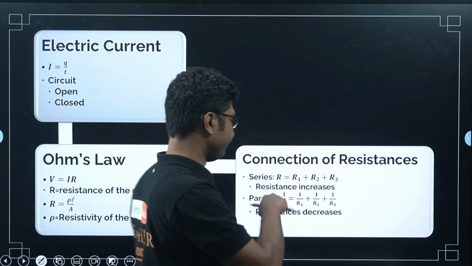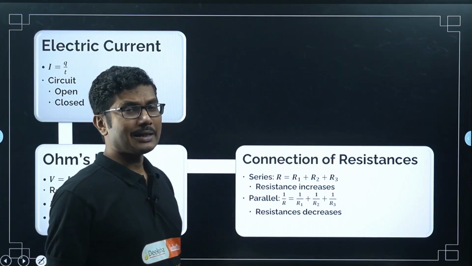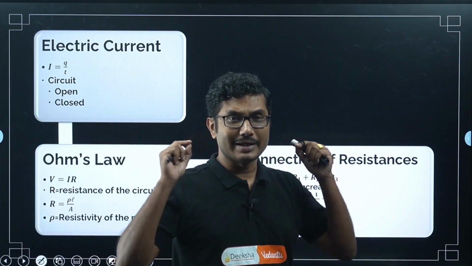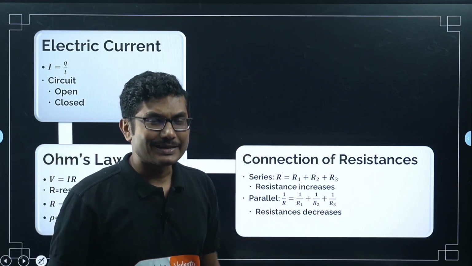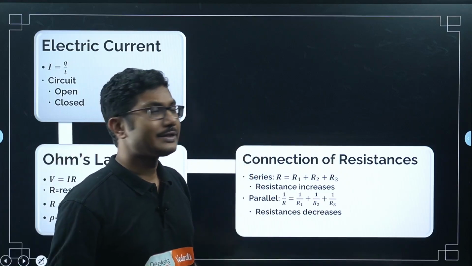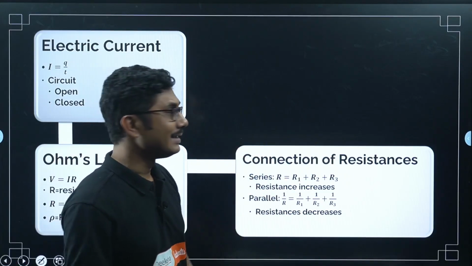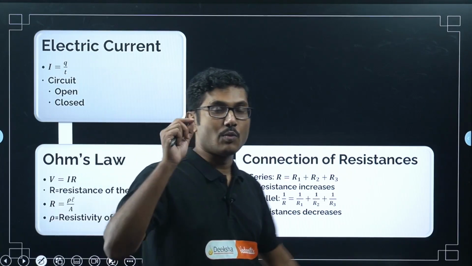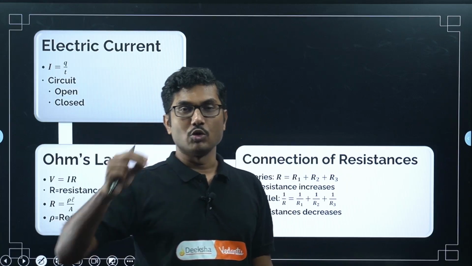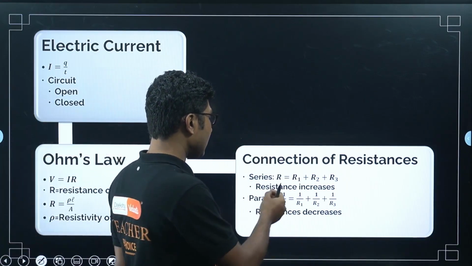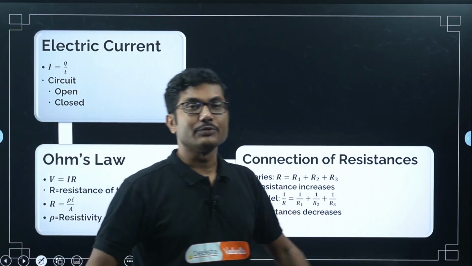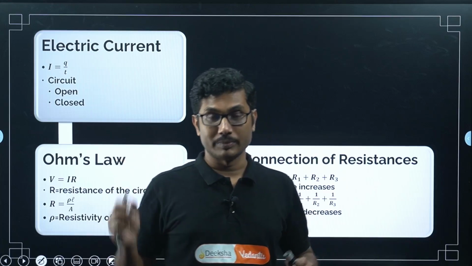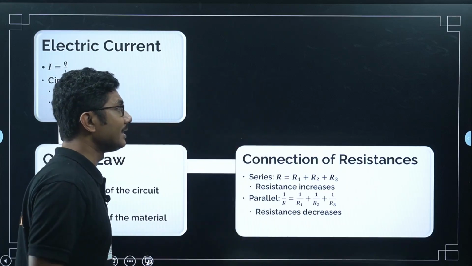In fact, in parallel combination, the equivalent resistance is less than the lowest resistance connected. So if you connect 1 ohm, 2 ohm and 3 ohm in parallel, then the equivalent resistance will be less than even 1 ohm, that is the smallest resistance in that case.